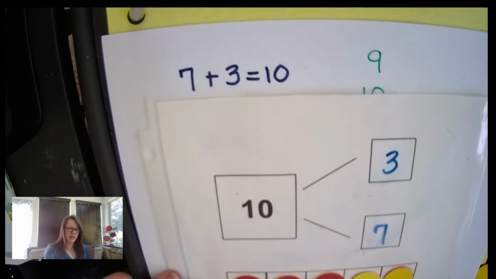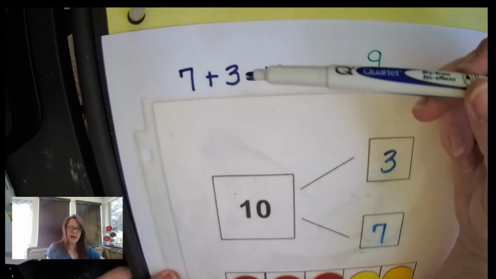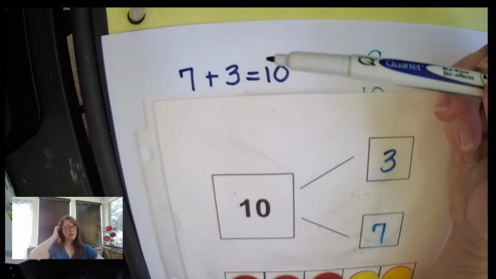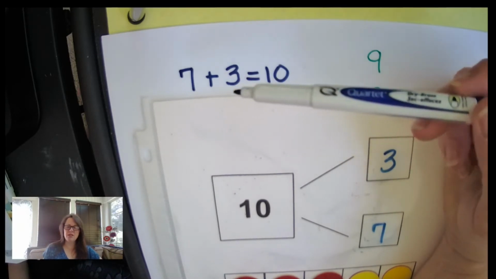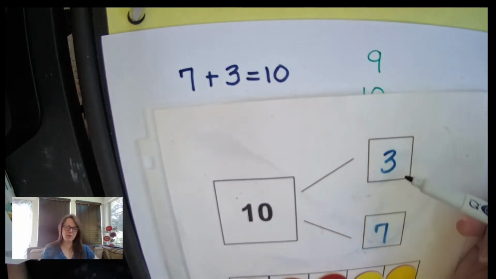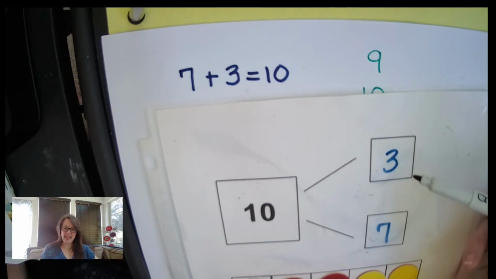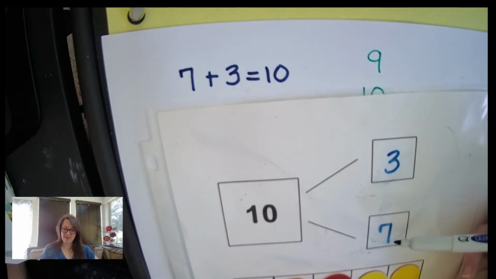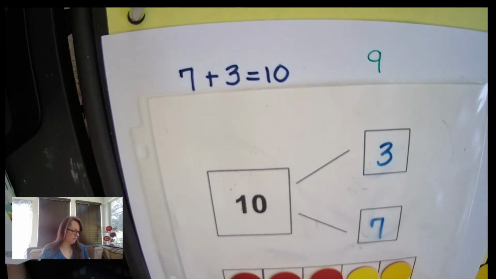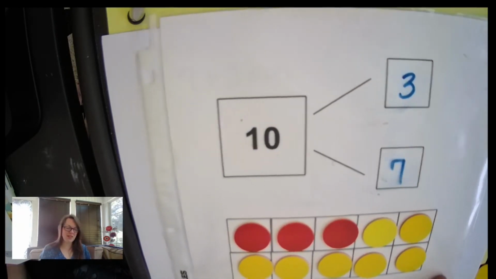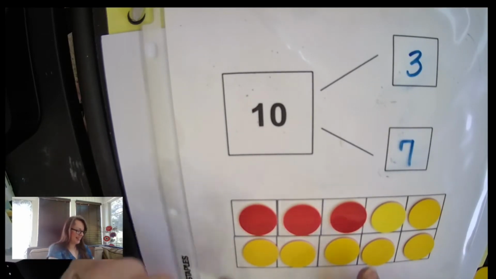Now I noticed something here though. I noticed that in our expression for our number talk, it was 7 plus 3. And here we're showing the 3 plus 7. Is that the same thing? You're right, it is the same thing.